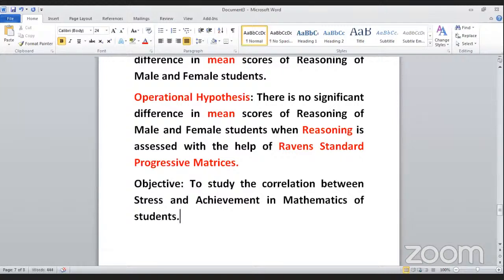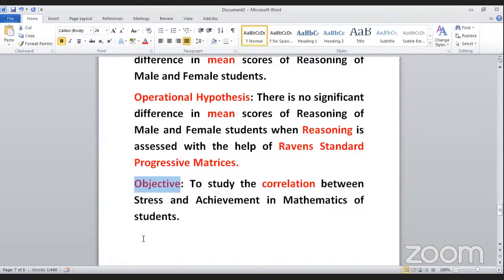Now suppose this is my objective. Here I have written the word correlation, and it is really a statistical word. All of you know this thing.